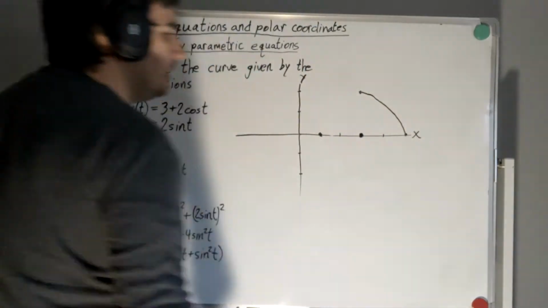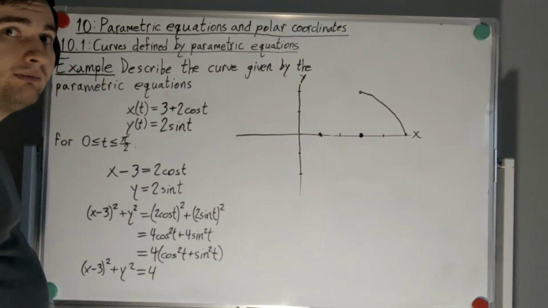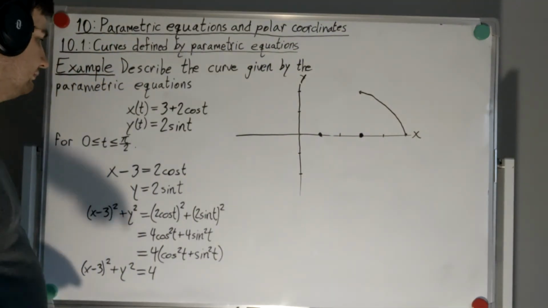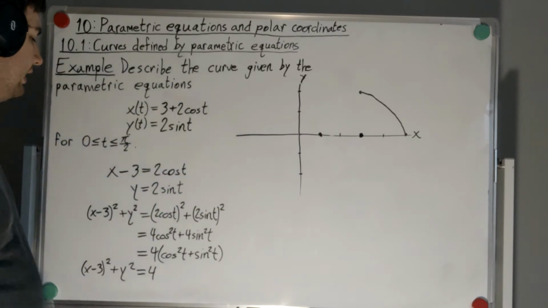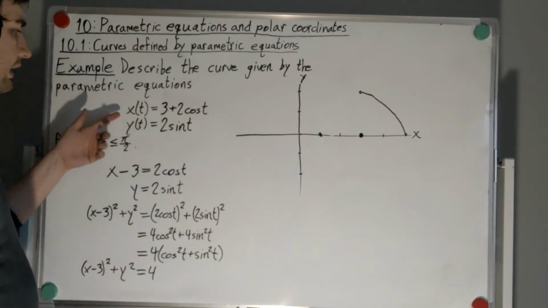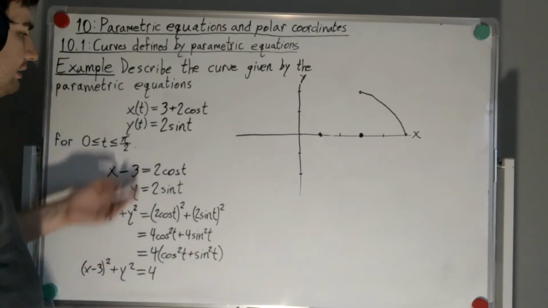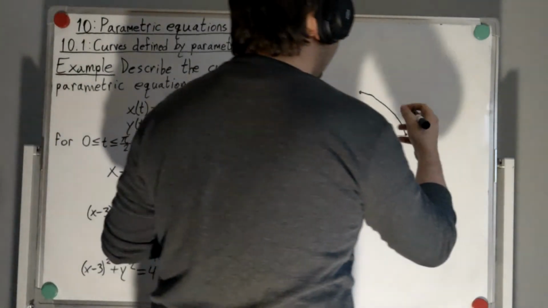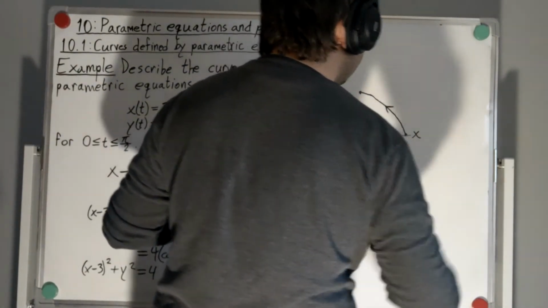So in fact, all we get is just that part of the circle. And by the way, as t increases, x decreases and y increases, so we get a counterclockwise motion.